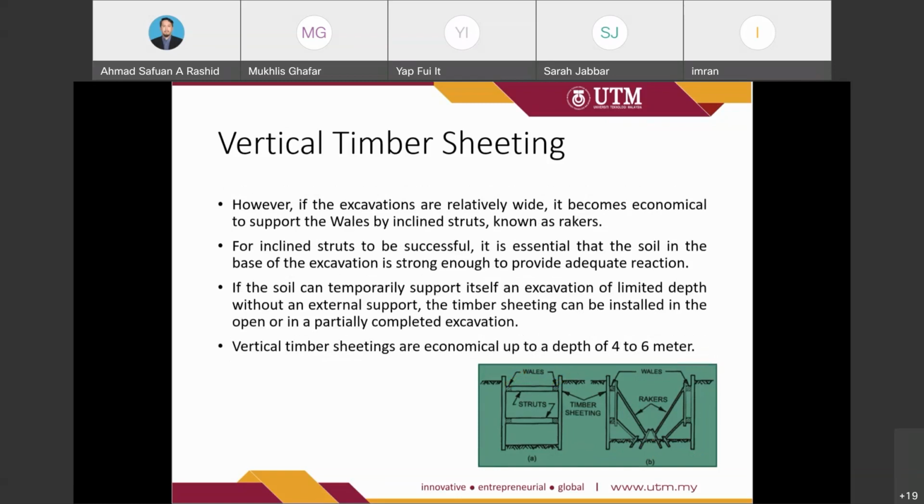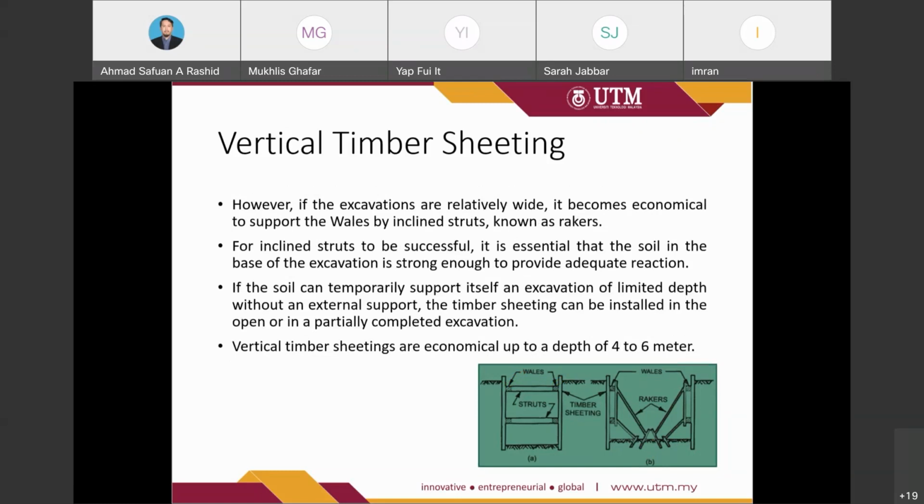However, if the excavation is relatively wide, it becomes economical to support the wale by inclined struts known as rakers. For inclined struts to be successful, it is essential that the soil at the base of the excavation is strong enough to provide adequate reaction.